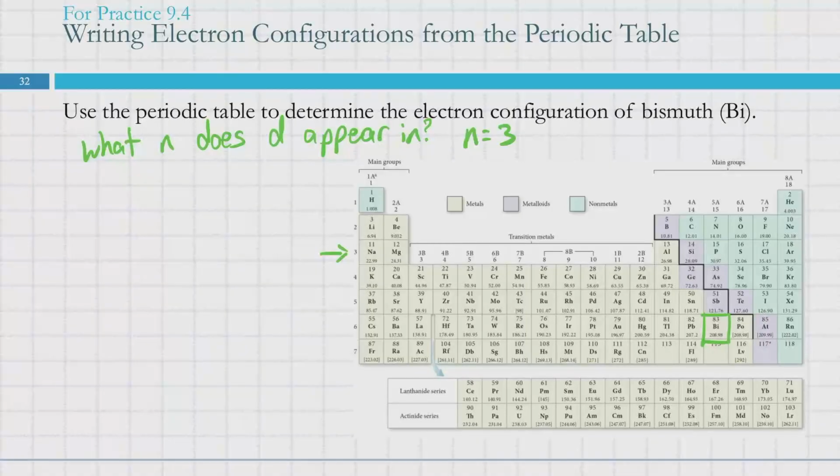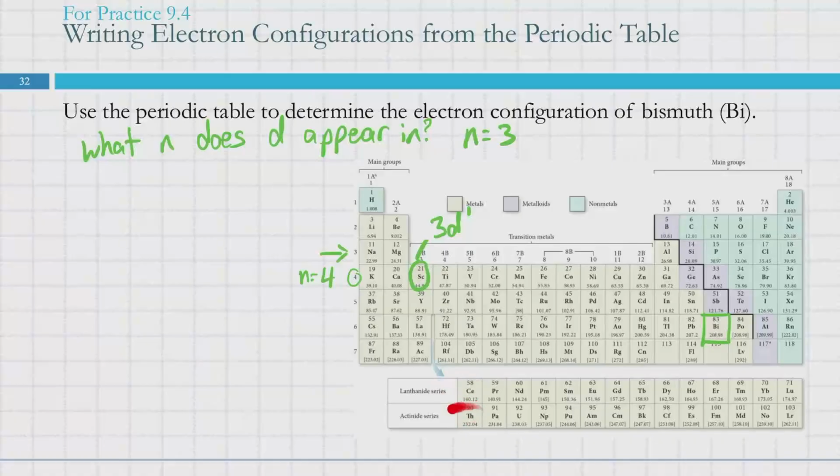Our first row of our D block is actually in n equals 4. So scandium, we're filling in 3d1, even though n equals 4 is the row that we're working in. So you have to subtract 1 from your row number to get the n value for your D block.